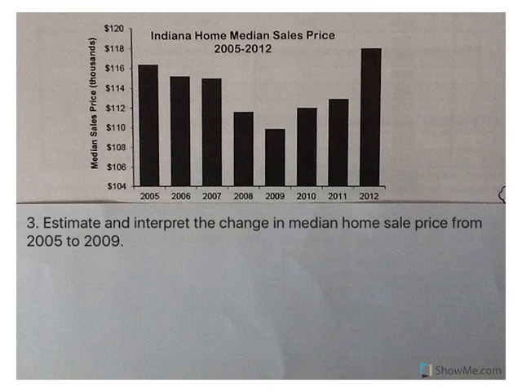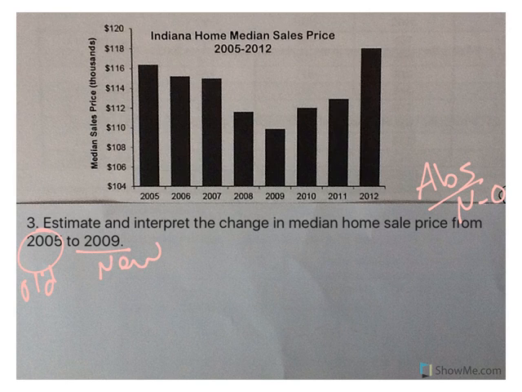Let's estimate and interpret the change in median home sale price from 05 to 09. Now, if it just says the change, that is talking about absolute, which again, we know absolute change is new minus old. So from 2005, this is old, to 2009, that's new.